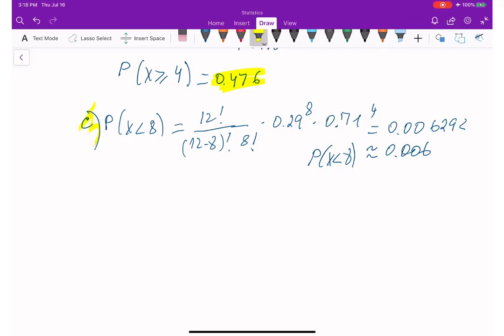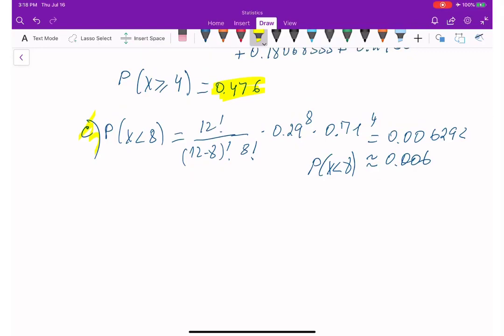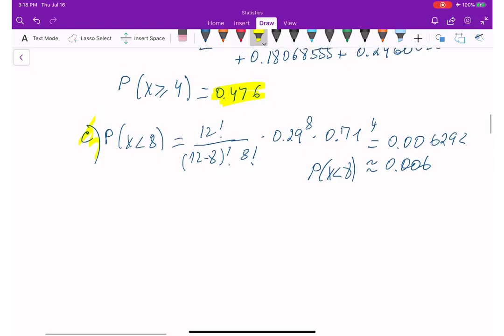Since we have less than 8, so we need to find, hold on. Let me write down here, explain to you what we are going to have. Okay, we need to get less than 8, right?